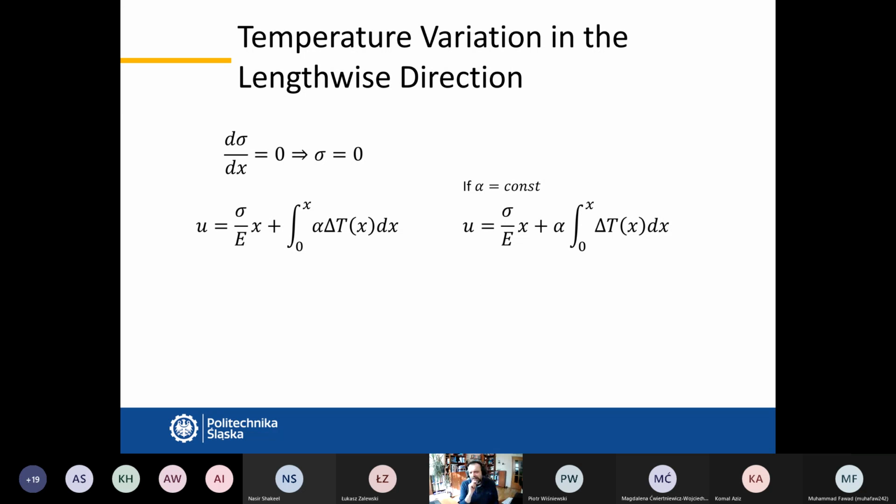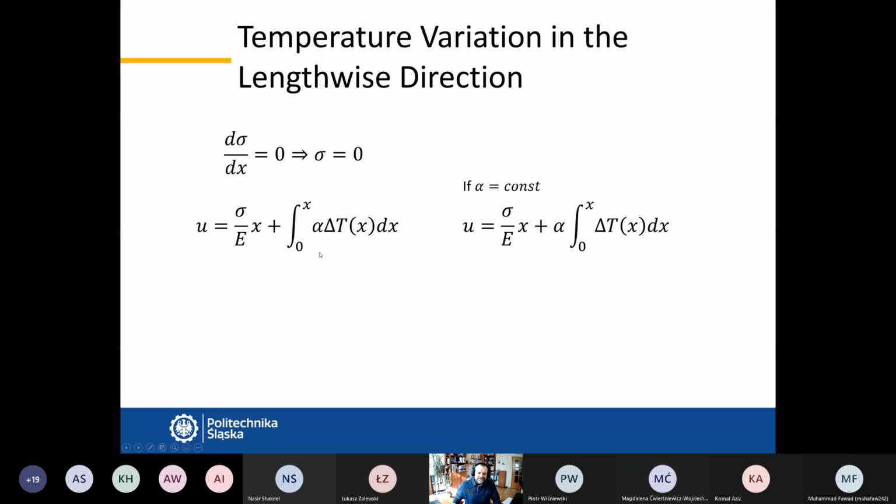Very often, alpha can be kept as constant, so it makes the integration slightly easier. So we can take the alpha out of the integral, so we only integrate the function of temperature change.